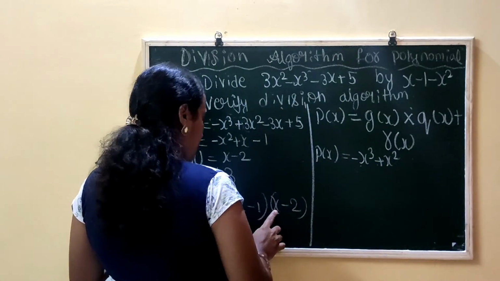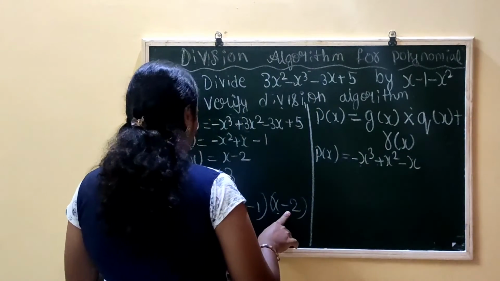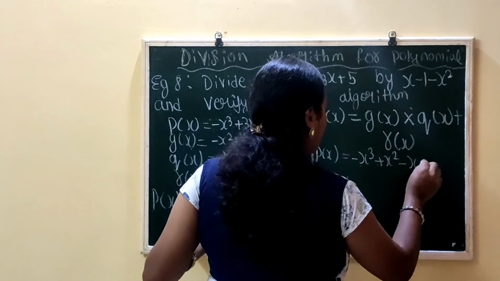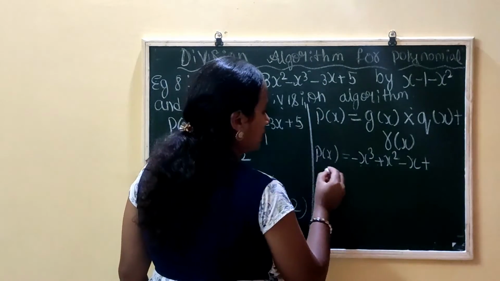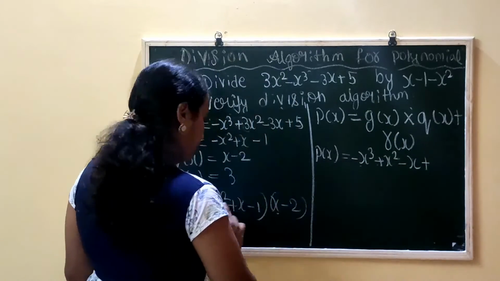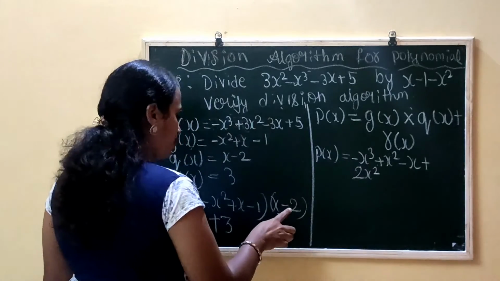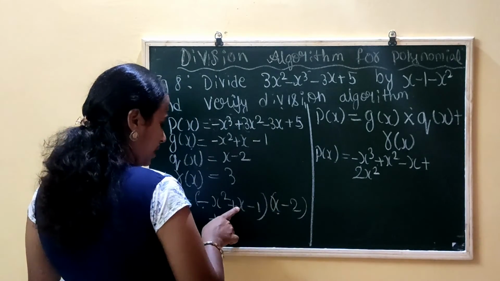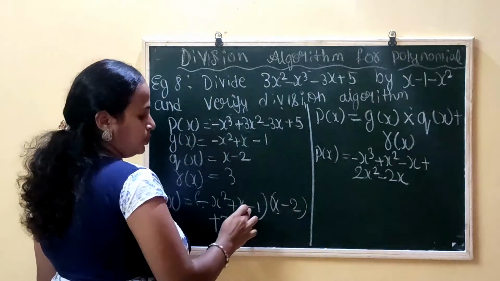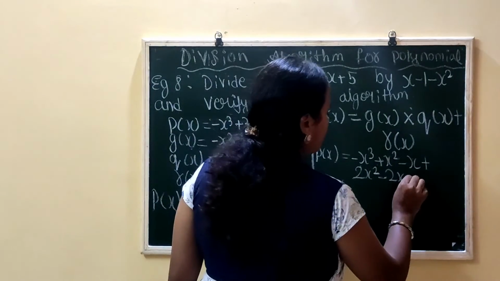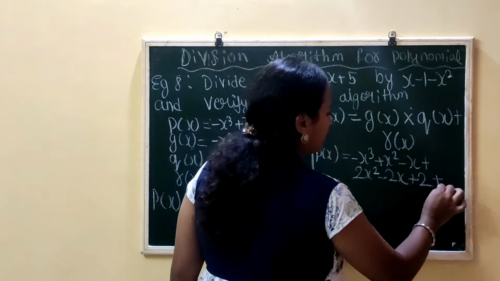Again, x into minus 1 will give you minus x, followed by minus 2 into minus x square, that is 2x square, followed by minus 2 into plus x, minus 2x, then minus 2 into minus 1, which will be plus 2, and plus 3 I am retaining as it is.